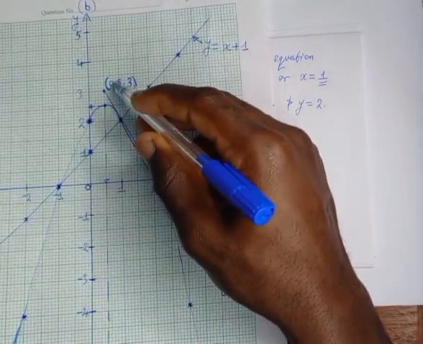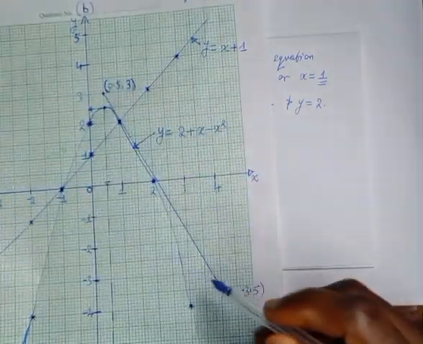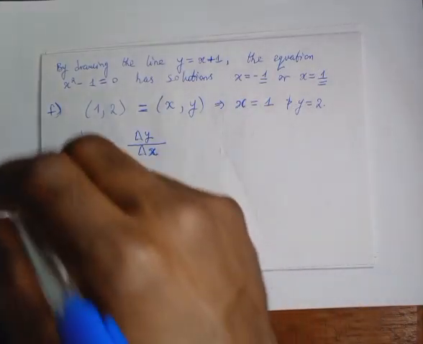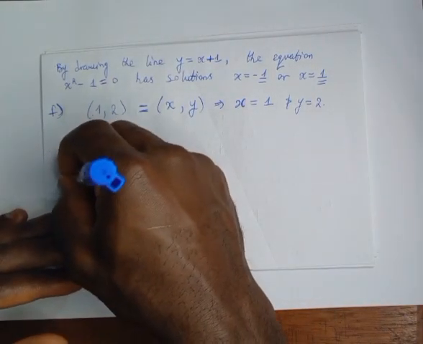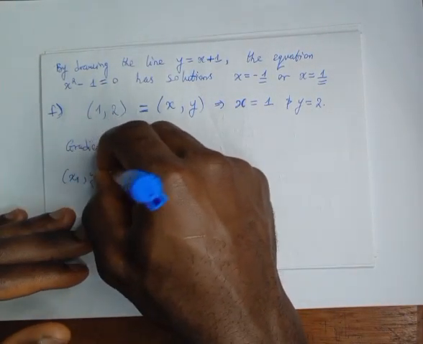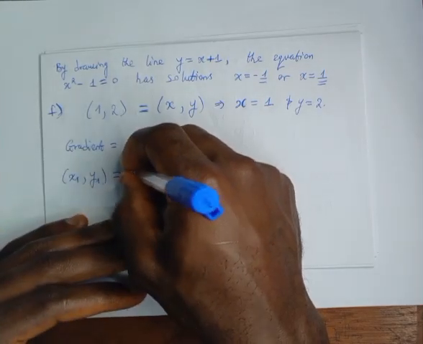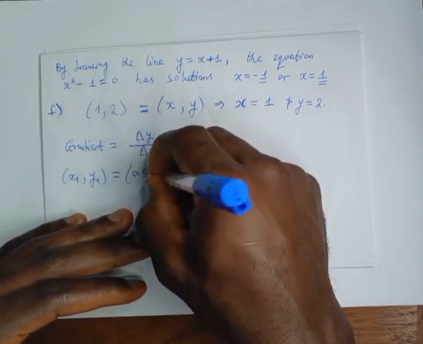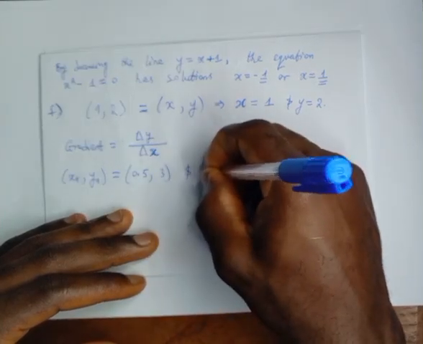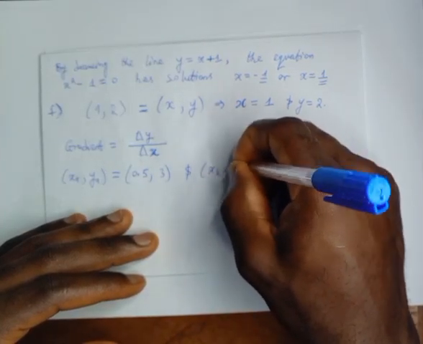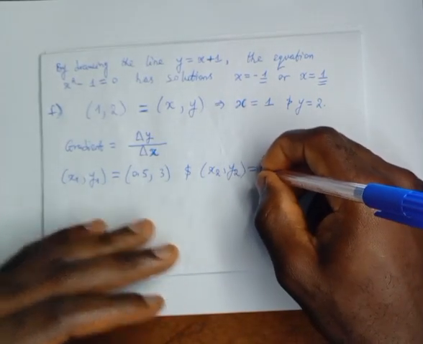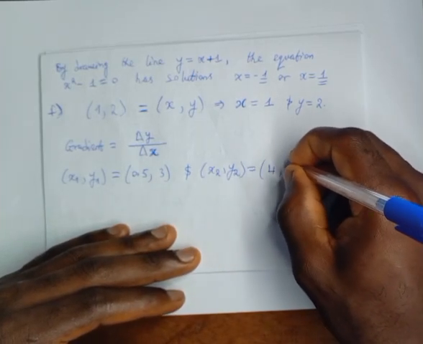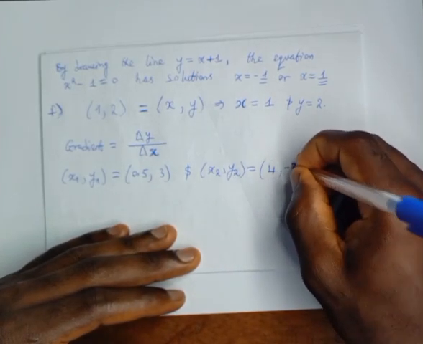So this is our x1, y1, x2, y2. If you take the first point, x1, y1 is equal to 0.5, 3, and x2, y2 is equal to 4, -3.5.